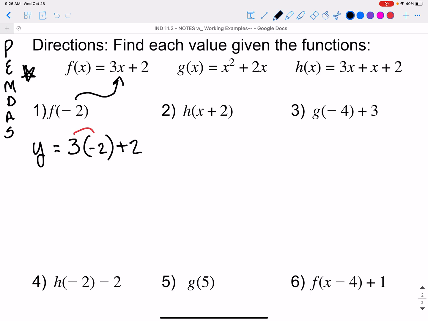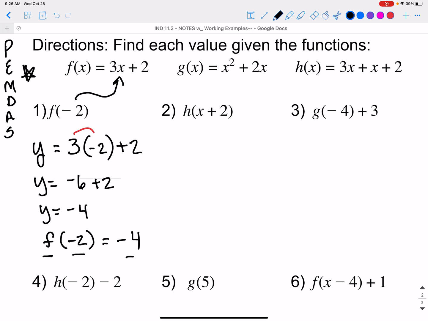So I get y equals 3 times negative 2, which is negative 6, plus 2. Next in PEMDAS is addition and subtraction, and negative 6 plus 2 is negative 4. So f of negative 2, which tells me to use the f function with the ingredients of negative 2, equals negative 4. When I use the f function and the ingredients of negative 2, my result is negative 4.